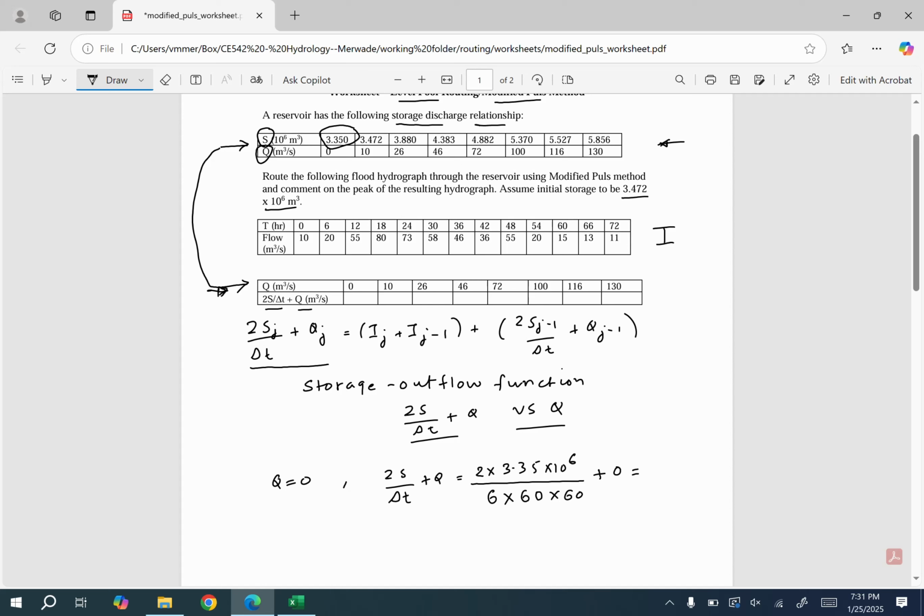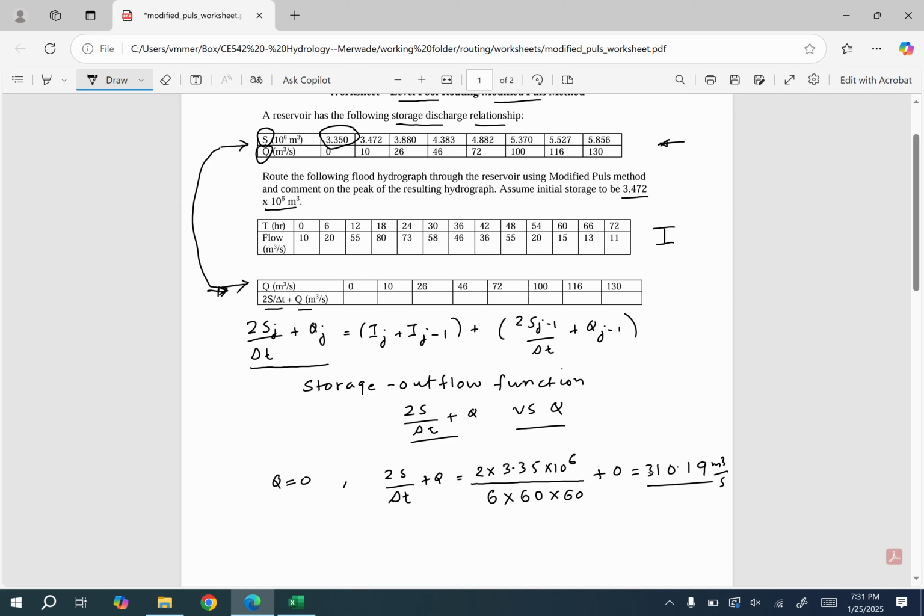When you solve this, what you get is 310.19 meter cube per second.